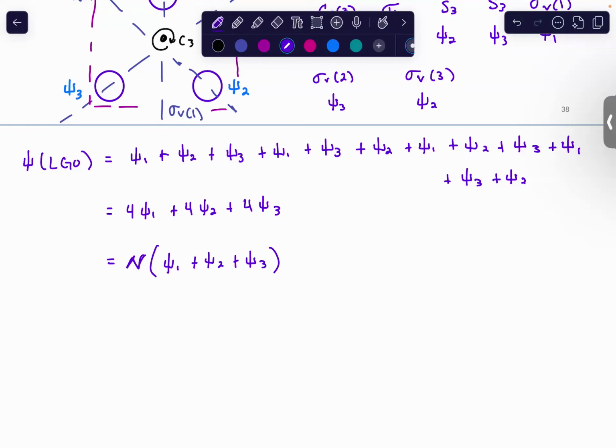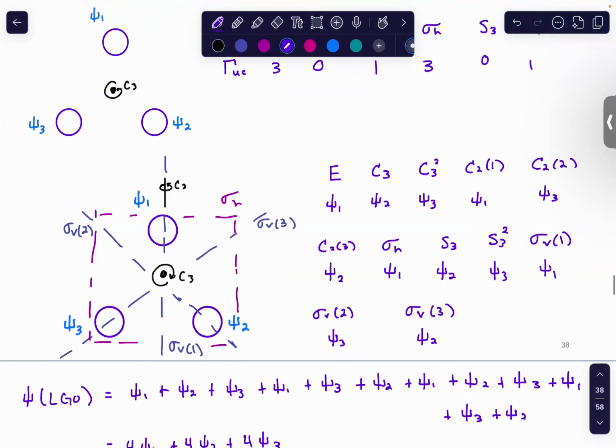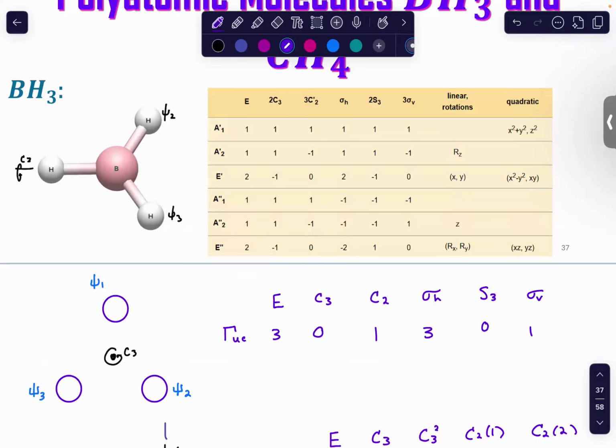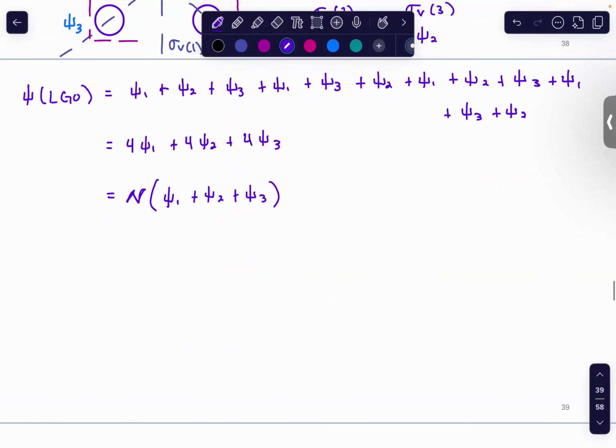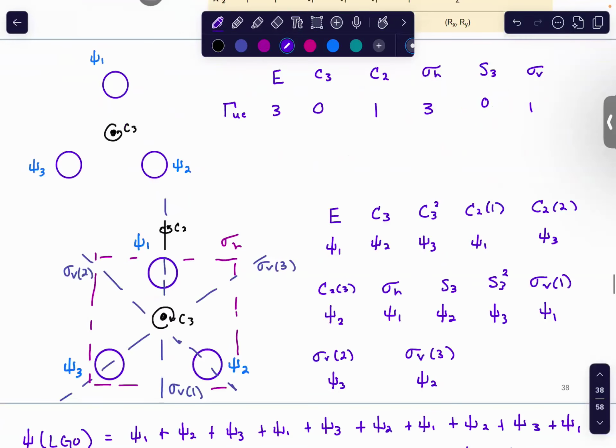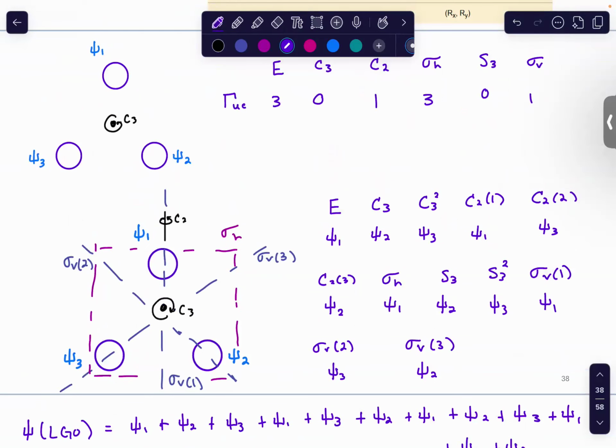Is it just going to be E? Nope. See how I have a symmetric contribution from psi 1, psi 2, psi 3? This is the completely symmetric representation, which if we go back up is A1 prime. So this ligand group orbital at the very top left is our A1 prime representation.